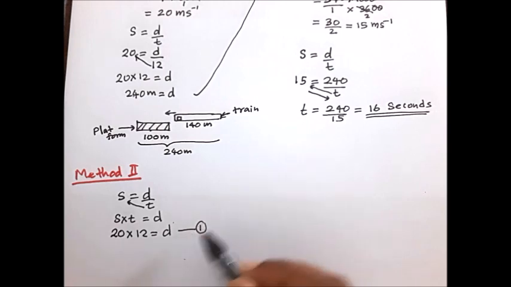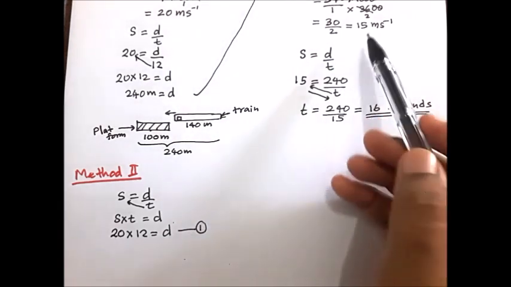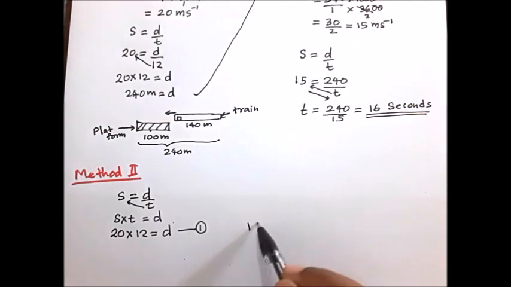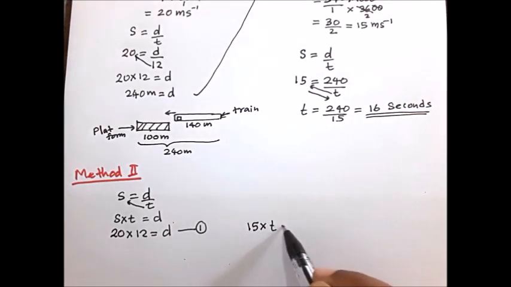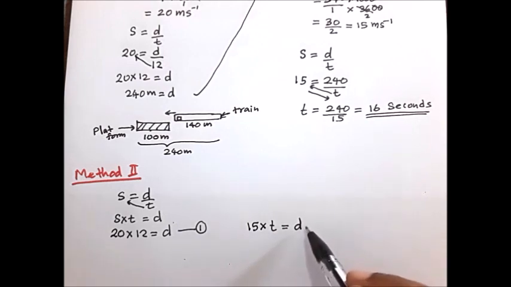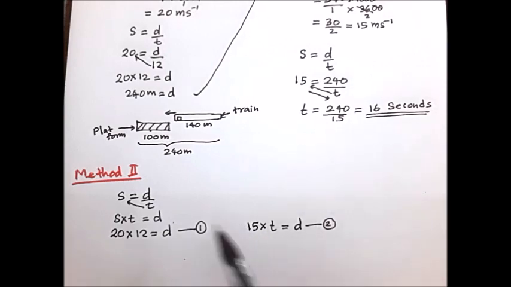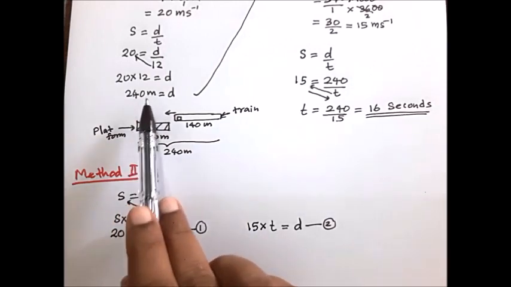The second time, speed is 15 meters per second. You have to find time. But both times the train travels the same distance. Same distance means the train travels 240 meters.